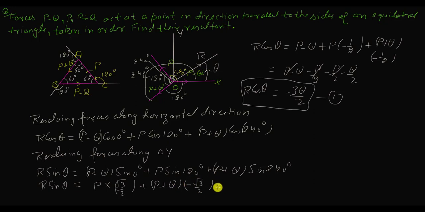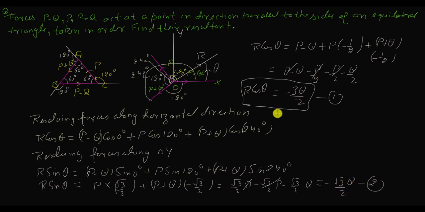So this will be root 3 by 2 P plus it will be minus root 3 by 2 P minus root 3 by 2 Q. This will cancel out. So we are left with minus root 3 Q by 2, and name this equation as 2.